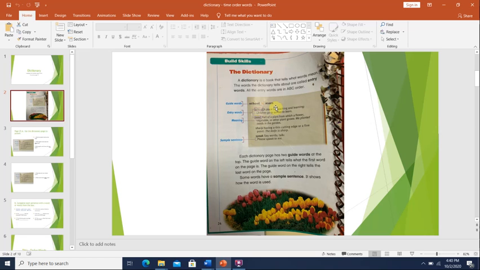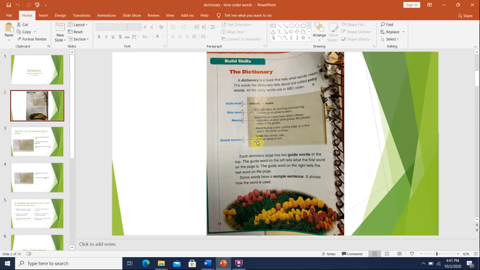And here we have entry words. What are entry words? Entry words are the words that you'll know the meanings of. How many entry words do we have here? First, we have school, we have seed, we have sharp, and we have speak.